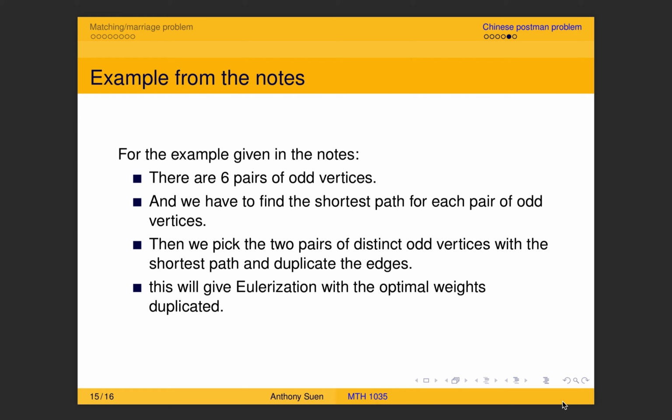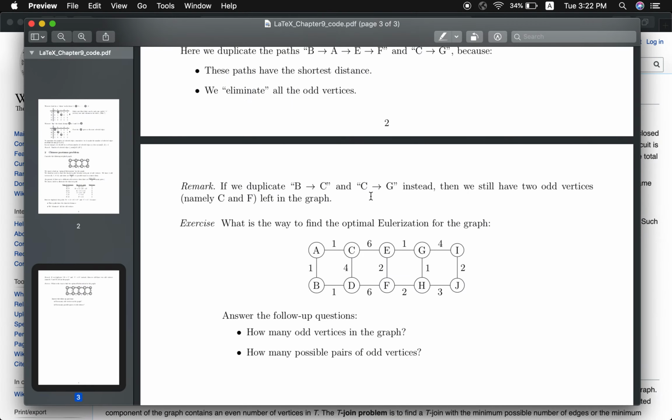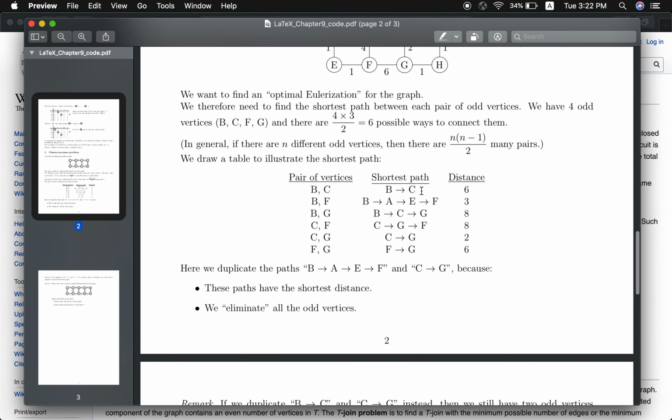Here I have to point out something quite important. You pick the 2 pairs of distinct odd vertices with the shortest path and deprecate the edges. Here distinct is important, because think about it: if you deprecate those edges which appear twice, let me explain with an example.